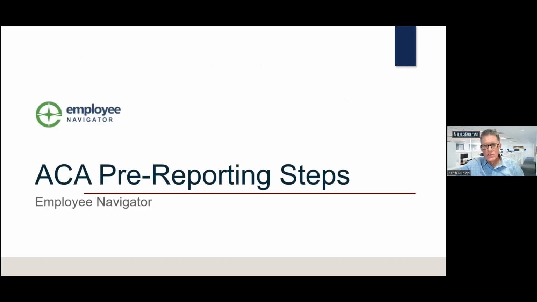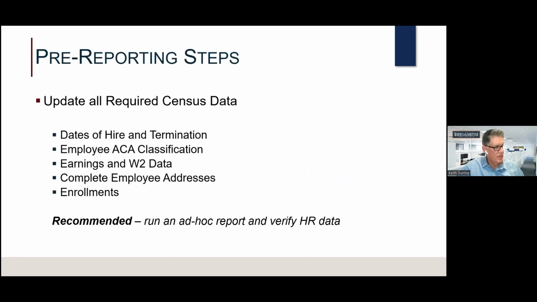Okay, so in preparing to process your reporting with Employee Navigator, I always recommend some pre-reporting steps to make sure that when you go to process the information, you don't have any errors in your 1095s.